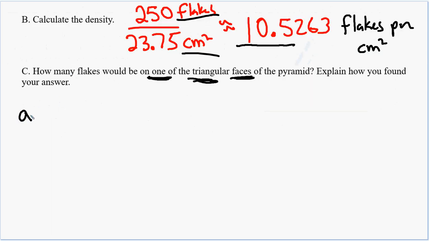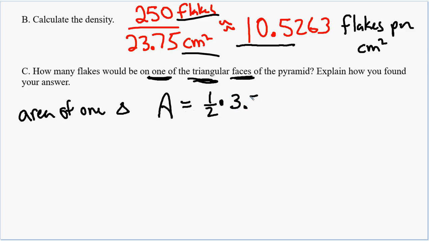So I'm going to write area of one triangle. So again, that area is going to be 1/2 times 3.5 times 2.5. And if we multiply those together, we have 4.375 centimeters squared.